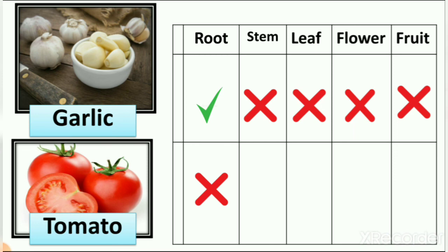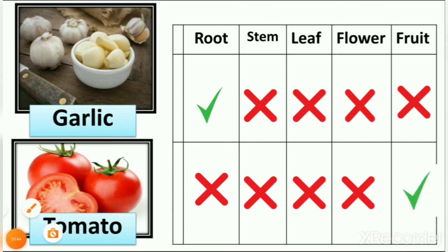We learned about this, right? Fruits. So tomato is a fruit we eat, right? We learned that tomato is a vegetable, but as a part of the plant, tomato is a fruit. So where do we tick mark? We tick mark in fruit.